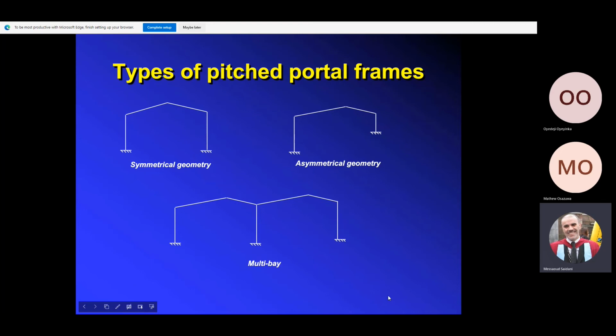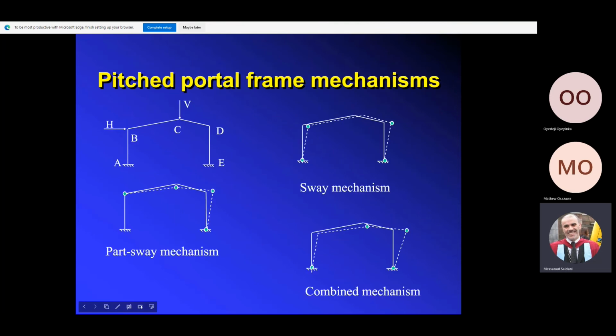We also have multi-bay frames, which you've probably seen in practice, like a big warehouse with a number of frames connected together. Today we are focusing on symmetrical frames, and next week hopefully we'll start looking at something more complicated where the geometry is not symmetrical.